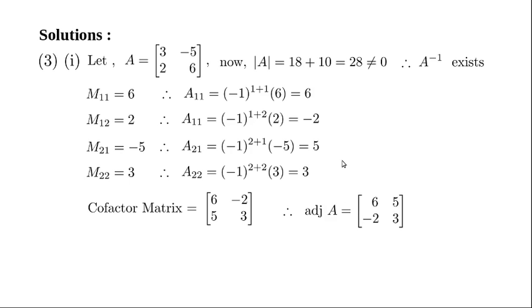Therefore adjoint of A is 6, 5, minus 2, 3. This is the transpose of the cofactor matrix. Therefore A inverse is equal to 1 upon determinant of A into adjoint of A. That is 1 upon 28 into 6, 5, minus 2, 3.